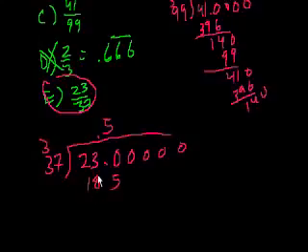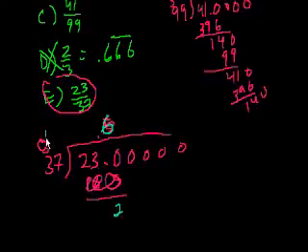Okay, actually, this would have gone 6 times. Let me change that to 6. Let me do it in a different color. I don't want to make it too messy. 6 times 7 is 42. 6 times 3 is 18 plus 4 is 22.